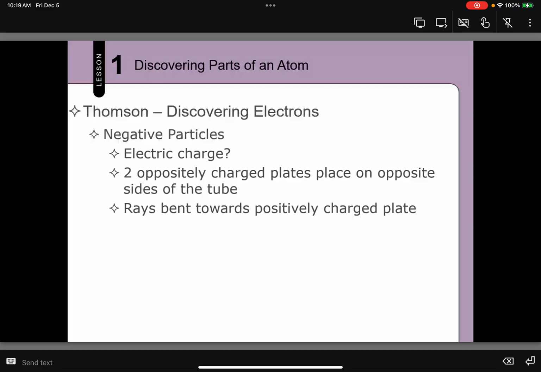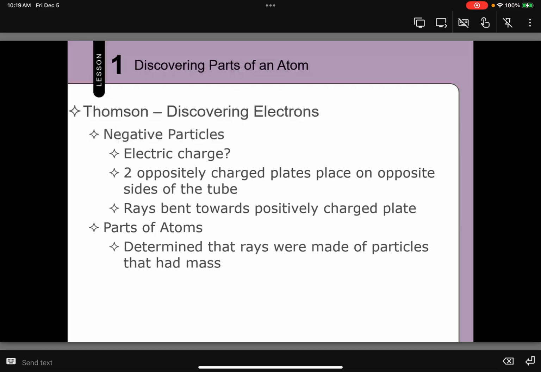Opposites attract. So, because it was bending towards the positive plate, what does that tell us about the charge of the particles that made up that beam of light? That they were negative. So he concluded that they were negatively charged.